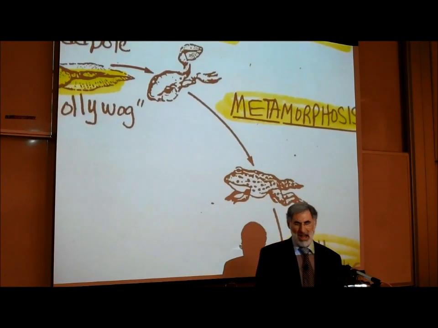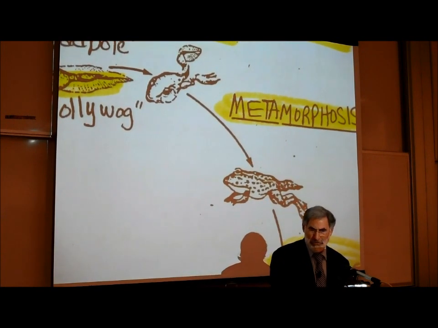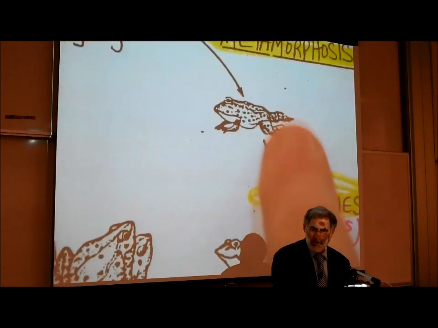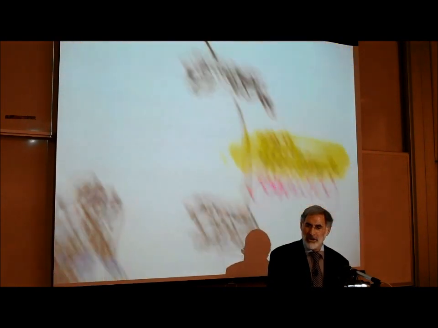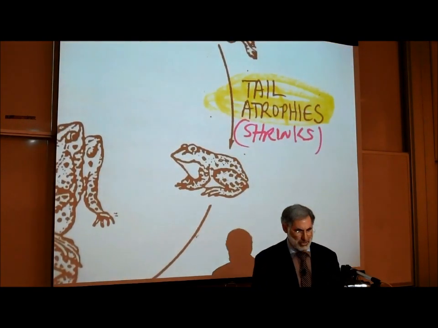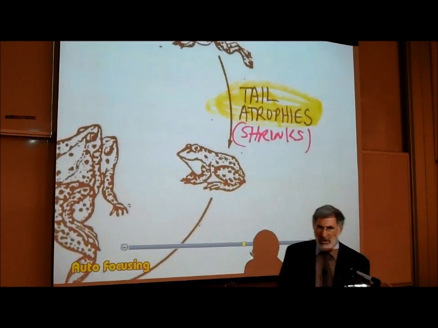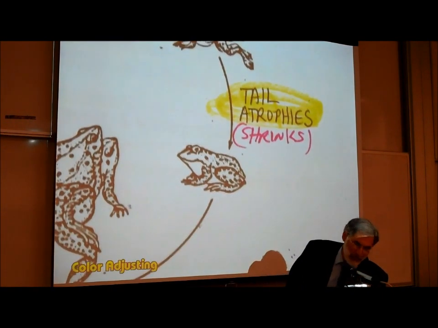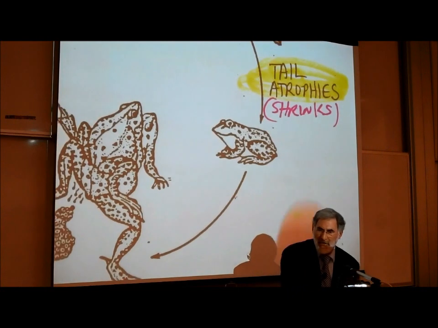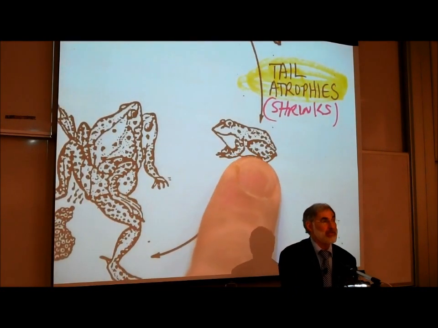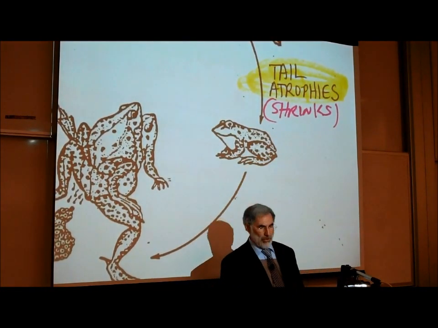And it starts to not only develop legs that look like an adult frog, but the tail doesn't fall off. The tail atrophies. It shrinks. And so after about 3 or 4 months, what we now have is something that looks like a frog rather than a fish, like a tadpole.